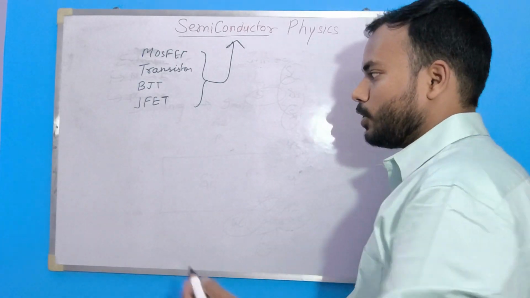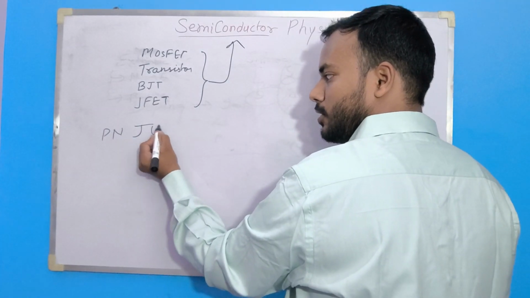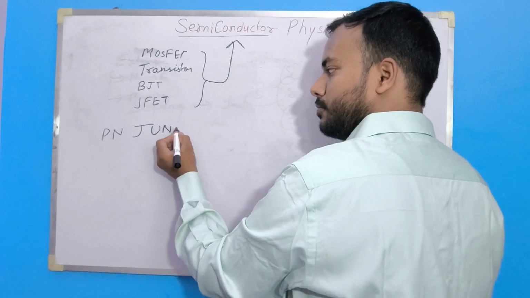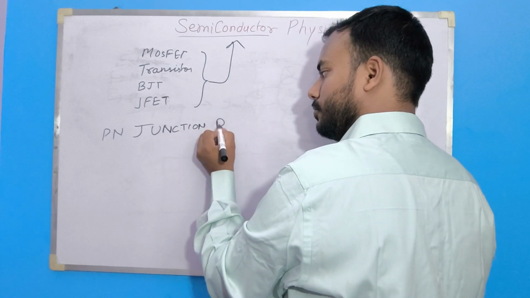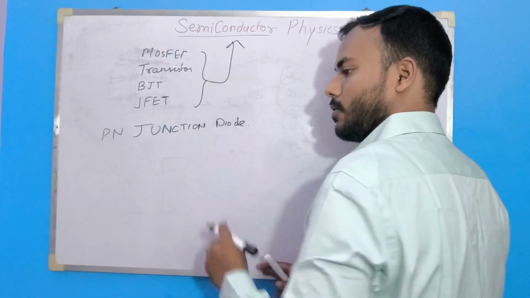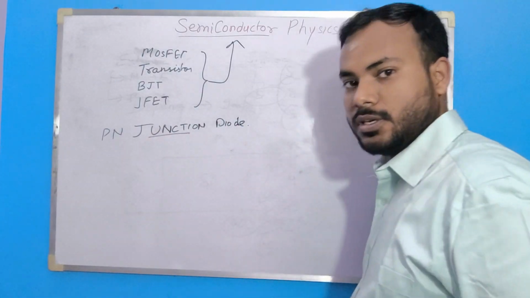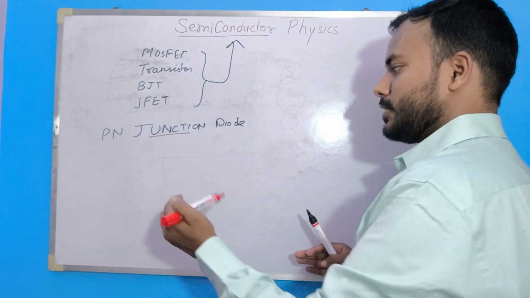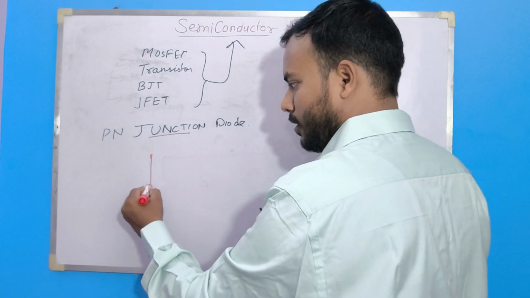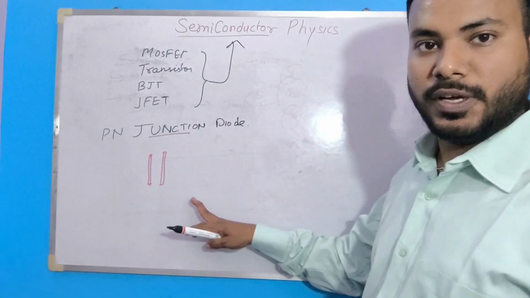Let's take an example of a PN junction diode. As we already know, what is junction? Junction is something where two wires combine. It's like if there are two tracks, we don't have a junction.